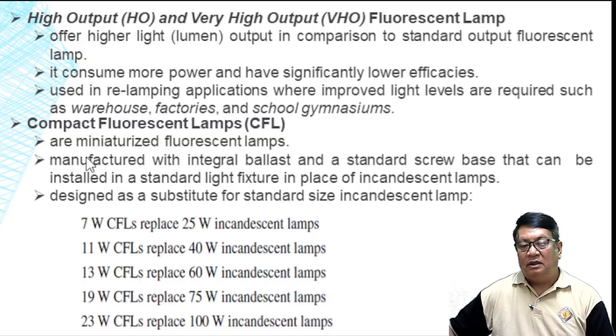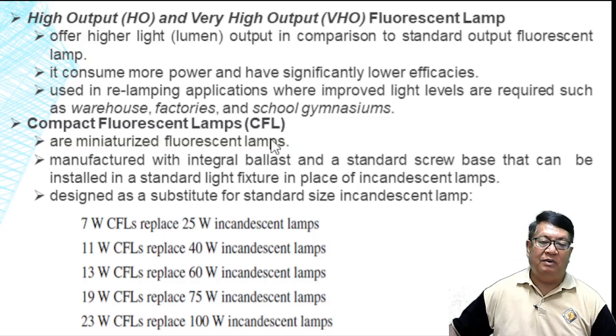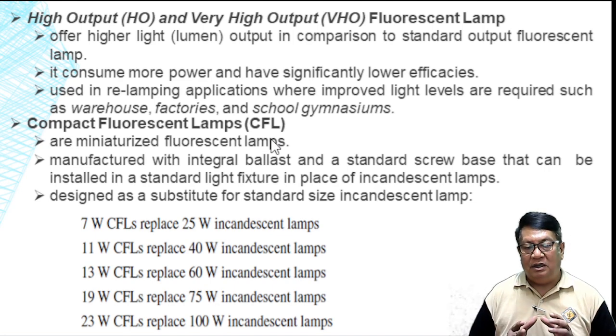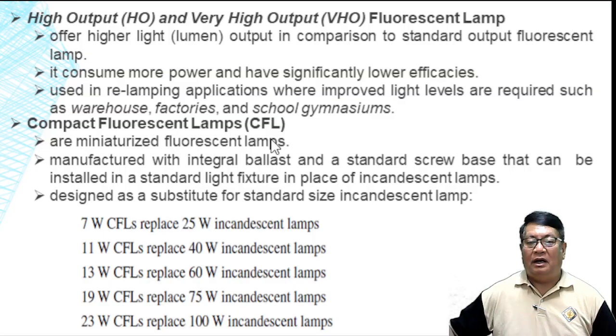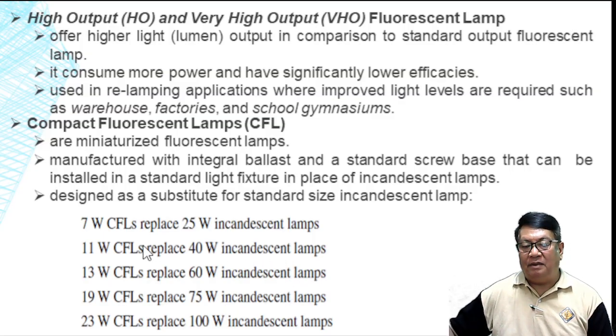They are miniaturized fluorescent lamps, meaning more compact and smaller, with similar power or lumens output. They are manufactured with an integral ballast and a standard screw base that can be installed in standard light fixtures or luminaires.